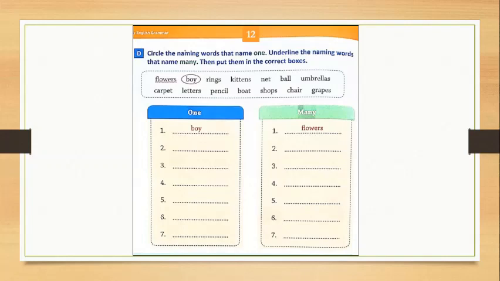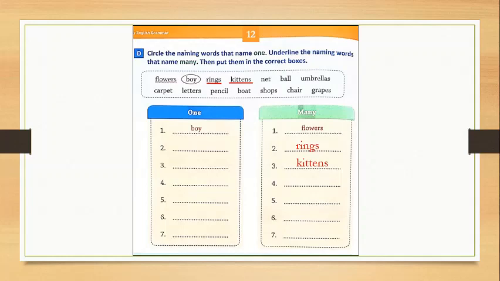Now the next word is rings. Rings is a naming word for many. So we underline rings and put it in the second column. Kittens. Again, kittens is a naming word for many. So we underline kittens, put it in the second column.